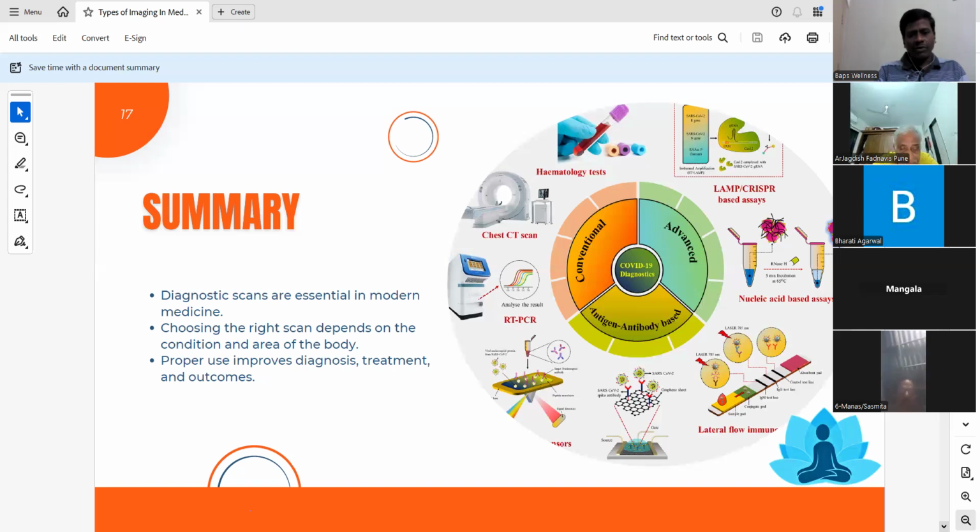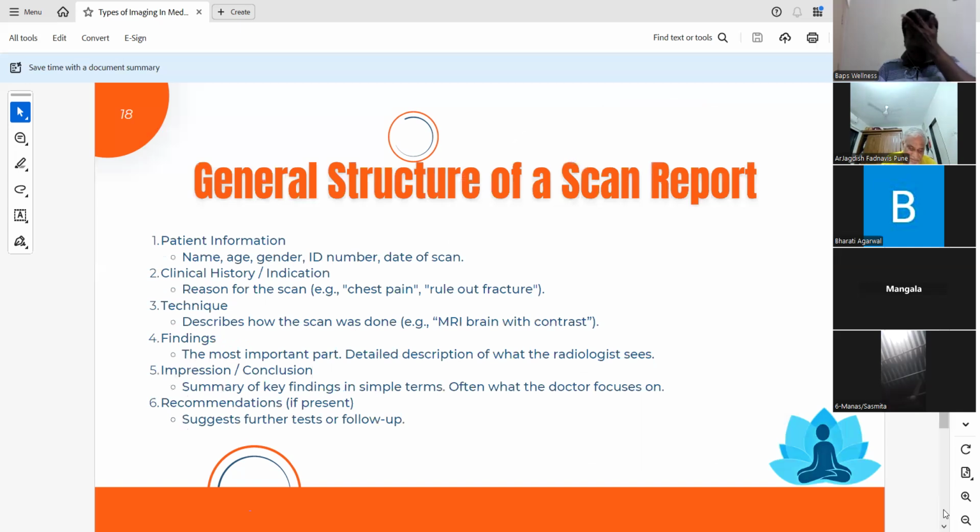So we need to properly assess and then choose which one is to be employed here. And it can be used in diagnosis, treatment, and also to monitor the prognosis.